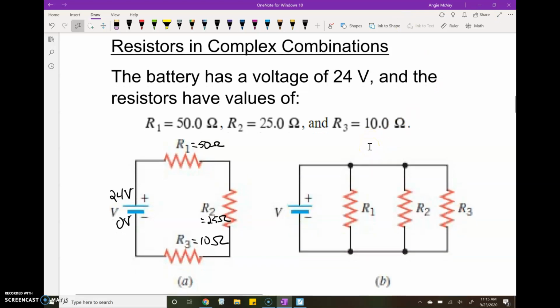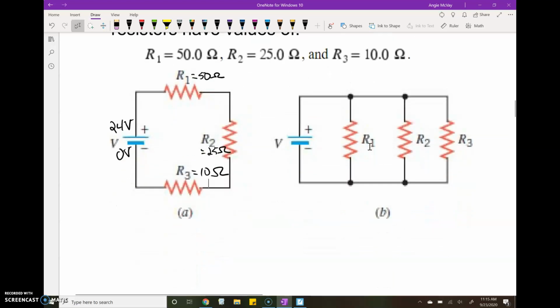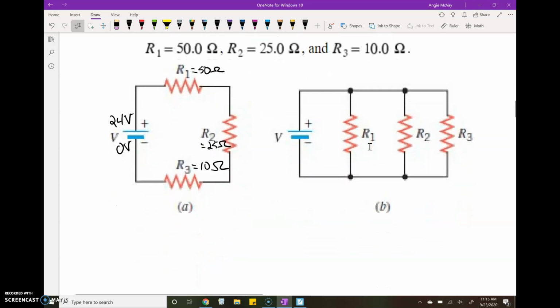Let's find the value of the total resistance and the total current. In series, the total resistance is just the sum of all of the resistances. So 50 plus 25 plus 10 is equal to 85 ohms.